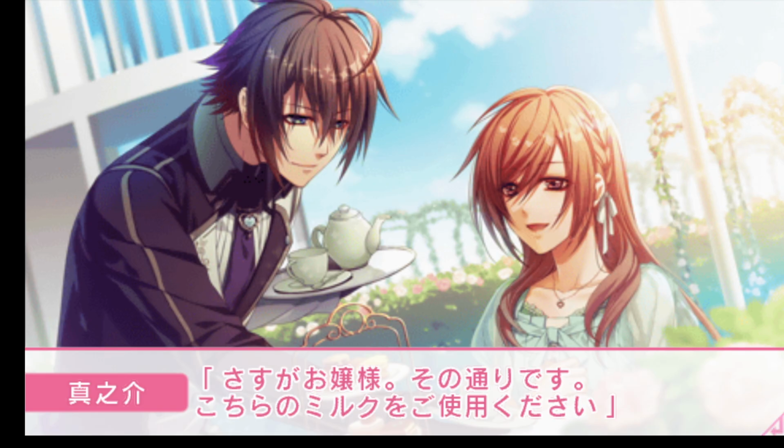Then the third one would be to increase yourself, ageru. And the fourth one would be kureru, to lower the person you're talking to.